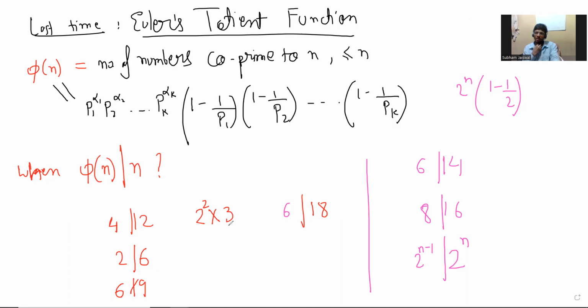So if 2 is not a factor, then will it work? Okay, so what is the explanation?